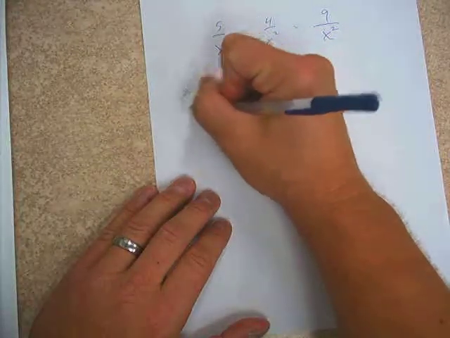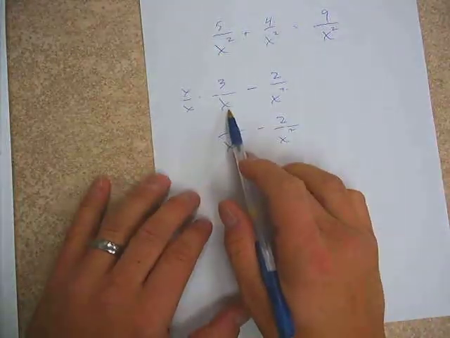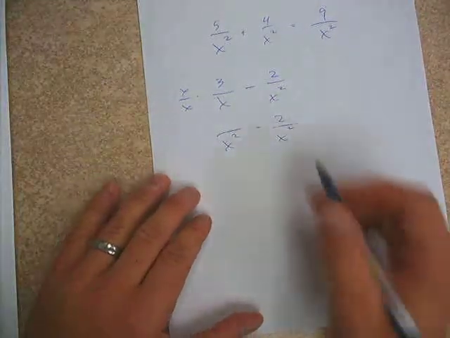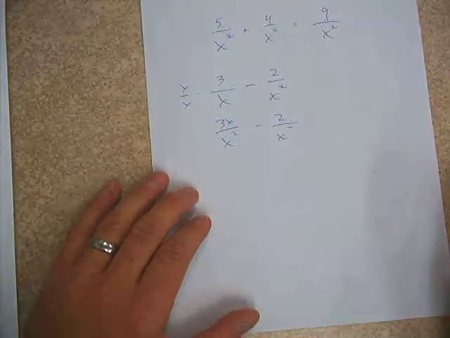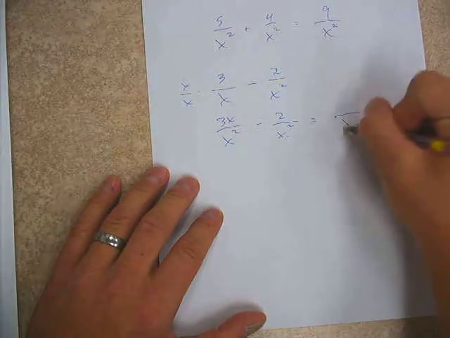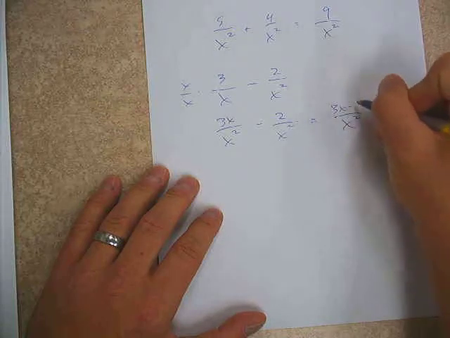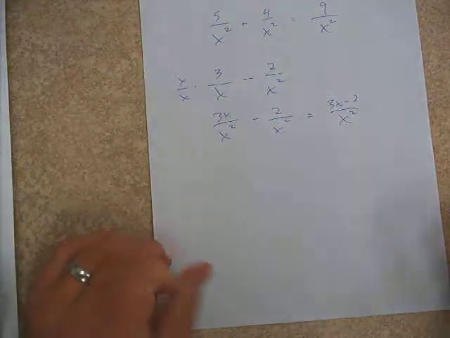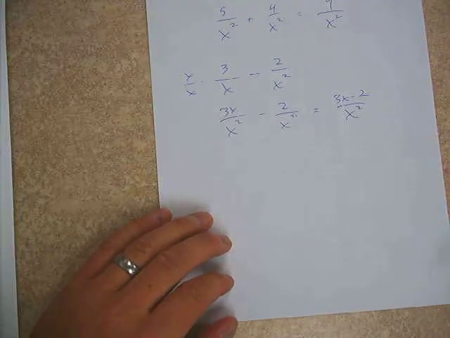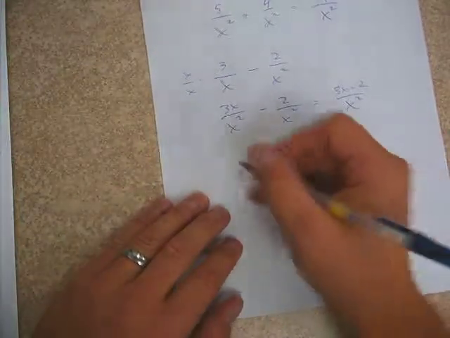But what do I multiply x by to get x squared? I multiply by x. So if I can find a strategic number to multiply this one by to get this one, then that one can be the common denominator. In turn, I'd have 3x on top when I find the common denominator. And of course I'd keep the denominator and deal with the numerators, which would be 3x minus 2. And in that case, I'd be done.